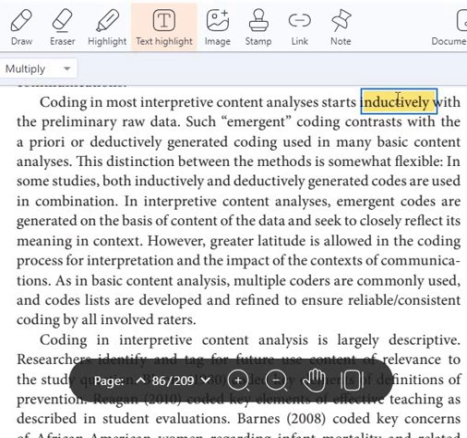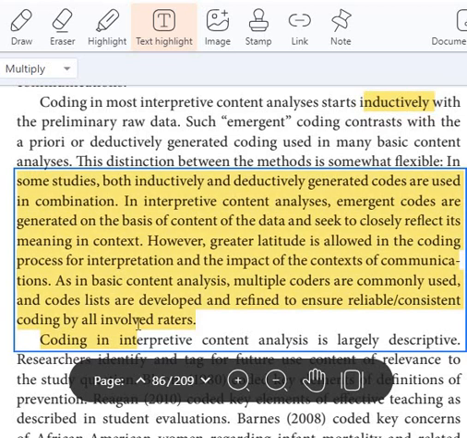This distinction between those methods is somewhat flexible. What does this mean? It means that in some studies, both inductively and deductively generated codes are used in combination. So the question is, can I use both deductive and inductive coding systems together? Yes, that's okay. There's no problem. So I can use both in one single study.